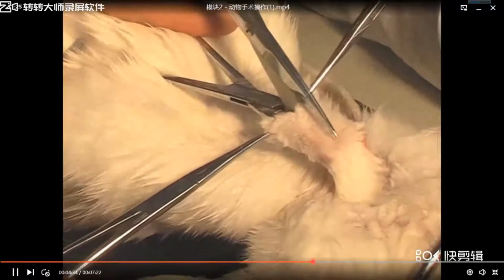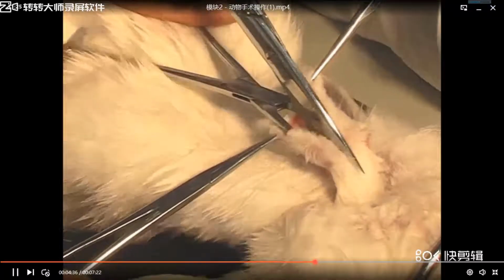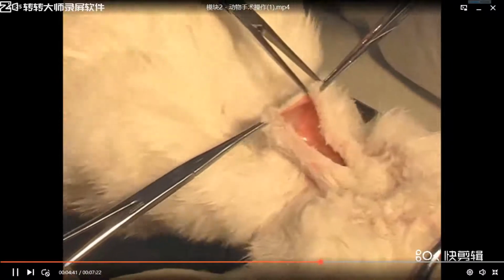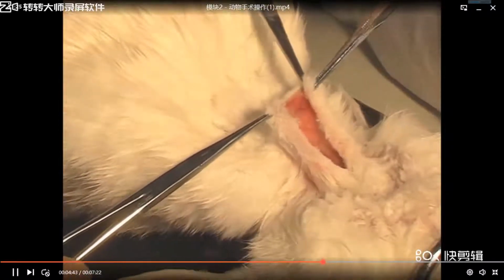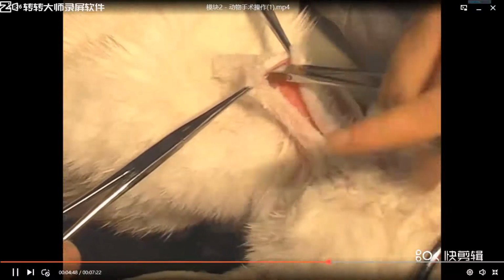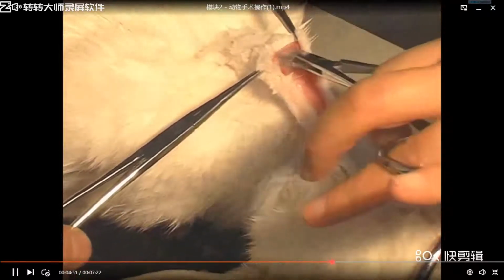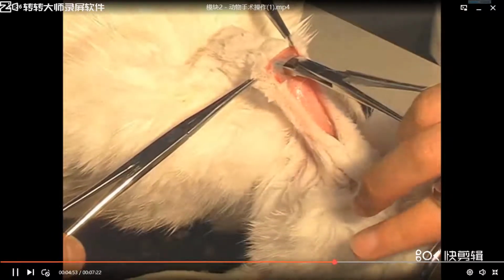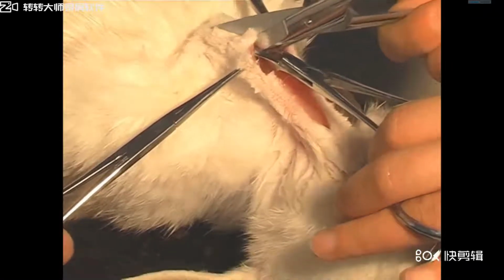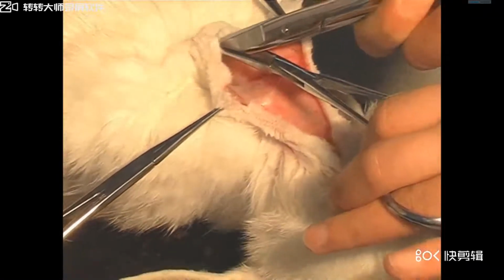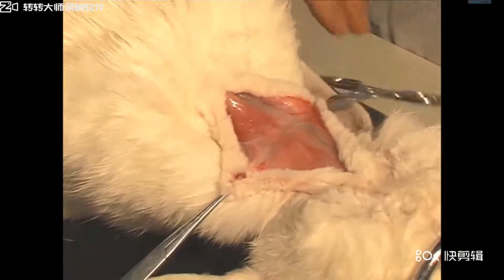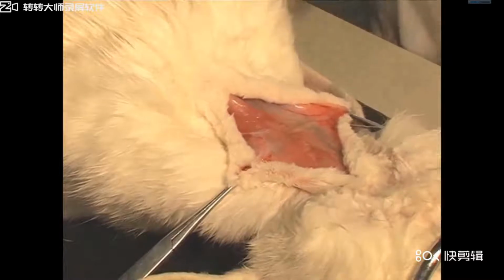Inspect the skin of the neck. The length of the incision on the neck is about 5 to 7 centimeters.